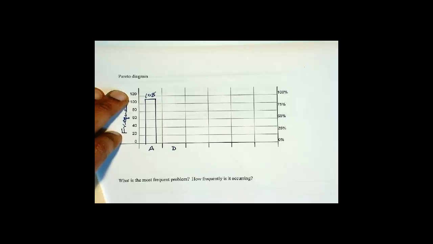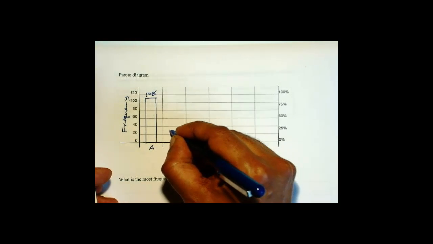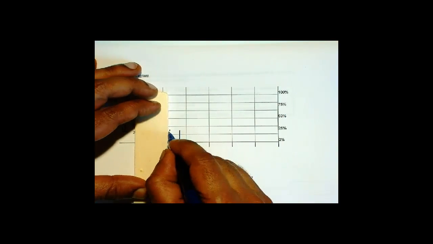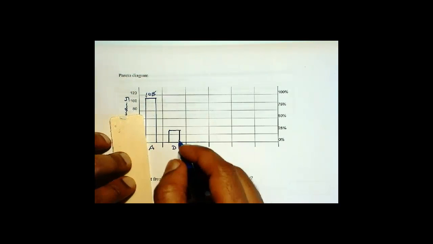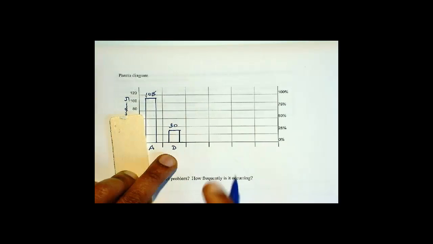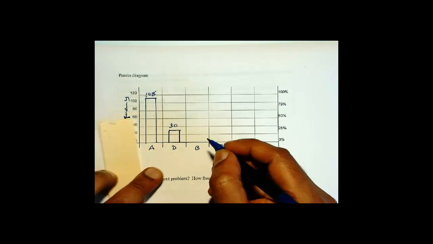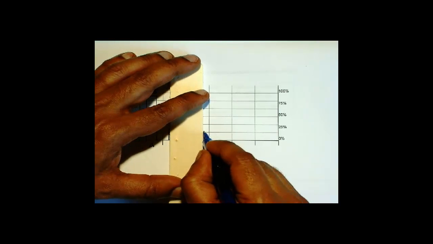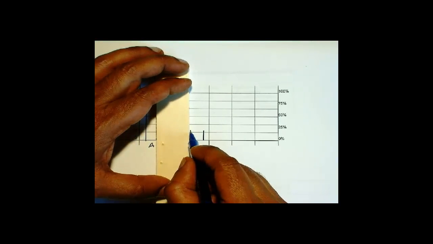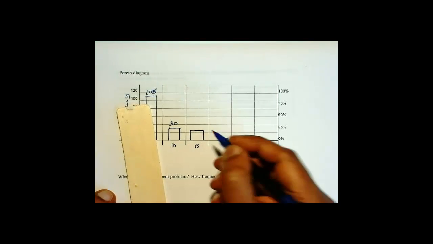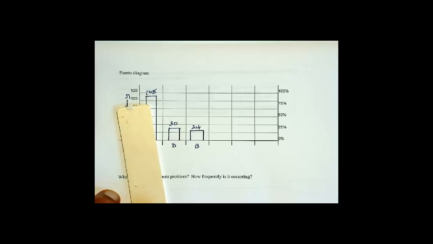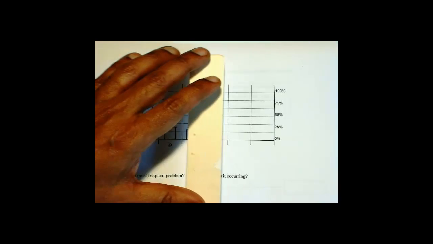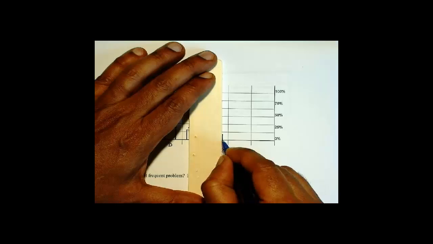Then D is 30. So 30 is about there. The next one, B, is 24. 24 is probably about there. And then C is 18, so 18 about there.